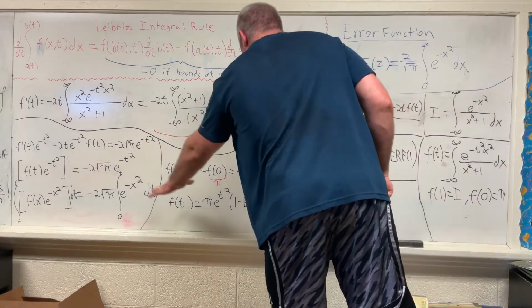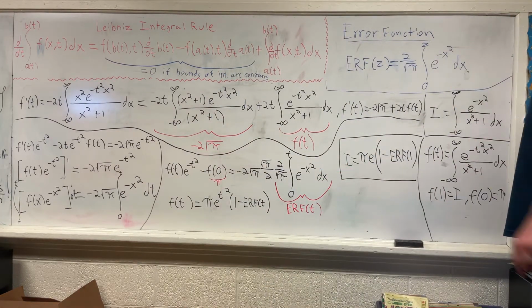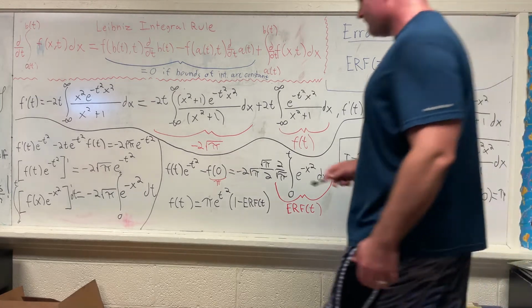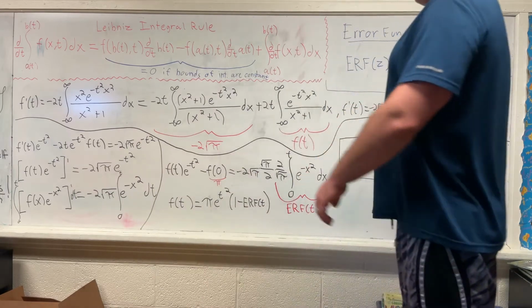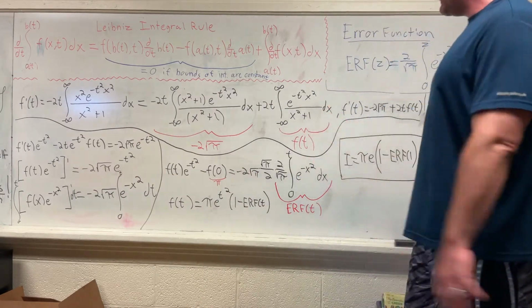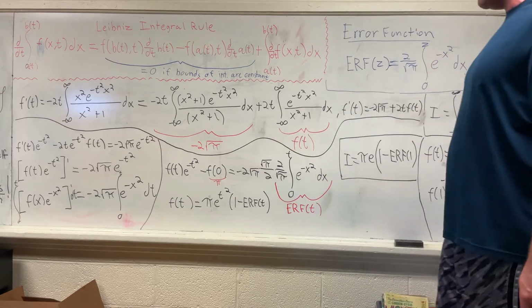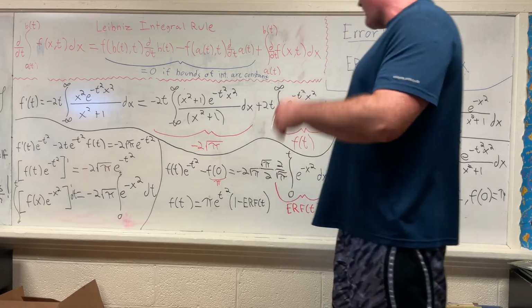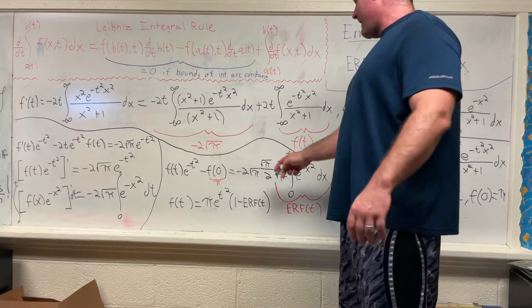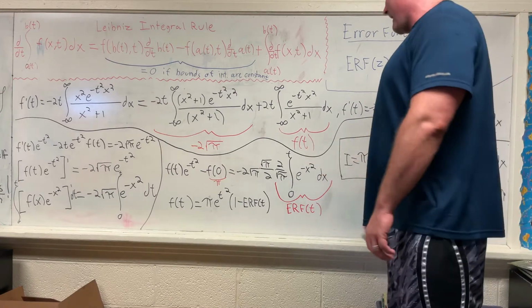So we're at this step right here. f of t times e to the negative t squared minus pi is equal to this thing right here. And I did some weird math right here, as you can see, but it's all valid. You already have the negative 2 square root of pi, and then I simply multiplied it by the square root of pi over 2, and then multiplied it again by 2 over the square root of pi.